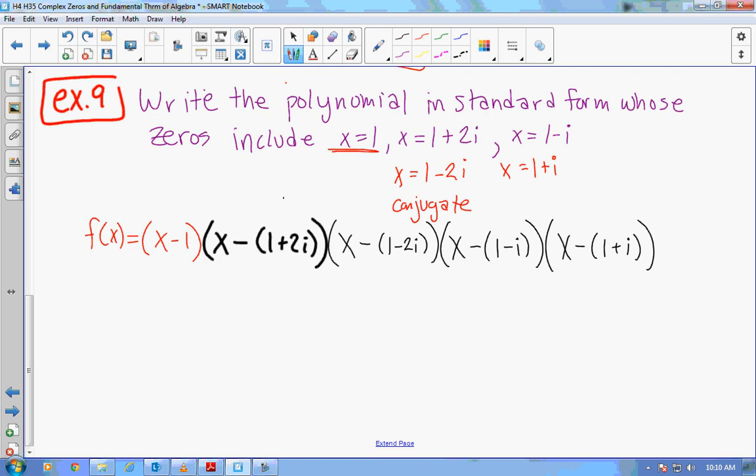Let's do a little work in here. X minus 1 is just x minus 1. Let's break this one down a little bit. This would become x minus what? 1 minus 2i. Is this next one going to be the exact same thing?